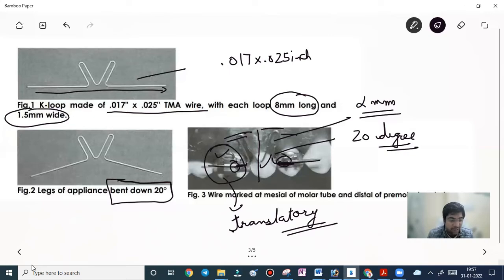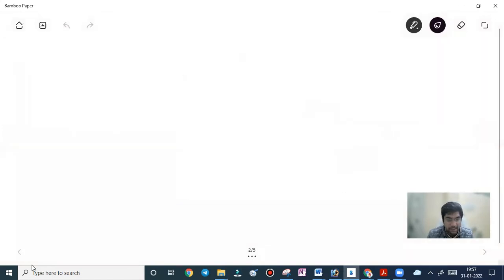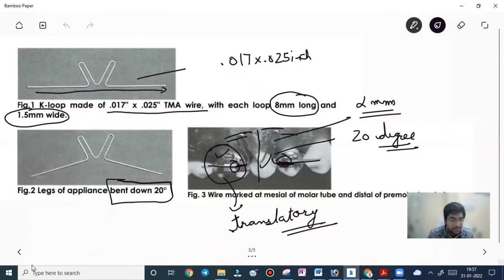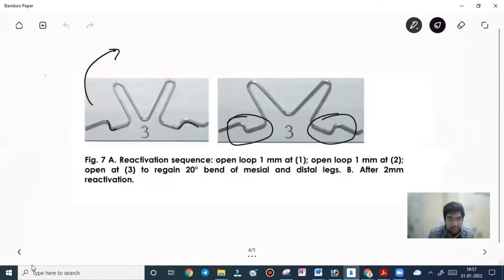For additional molar movement, the appliance is reactivated. The appliance can be reactivated by 2 mm, and we can do this after 6 to 8 weeks.